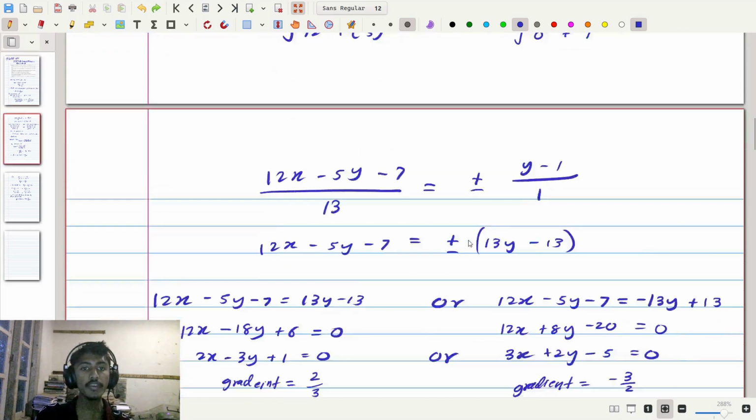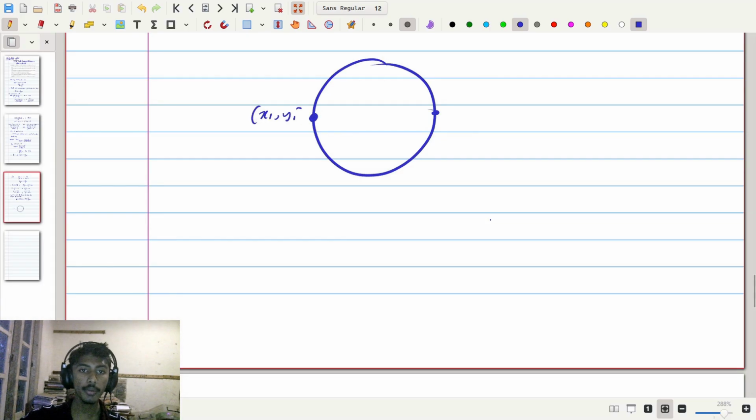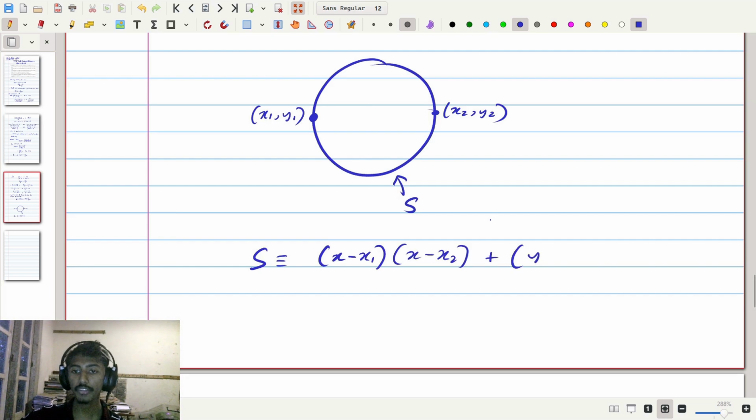For this, what we know is that given a circle, let's say this circle, with two diameter endpoints (x1, y1) and (x2, y2), if the circle here is S, then S is given by the equation (x − x1)(x − x2) + (y − y1)(y − y2) = 0. Given two endpoints of a diameter, this is the equation for the corresponding circle.